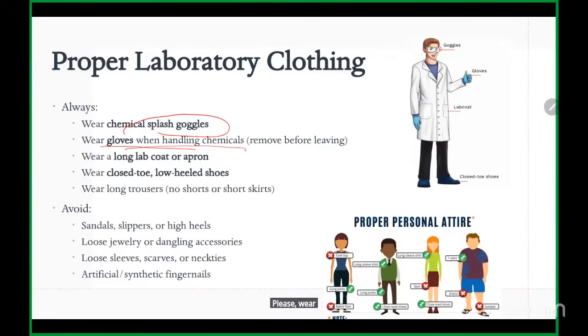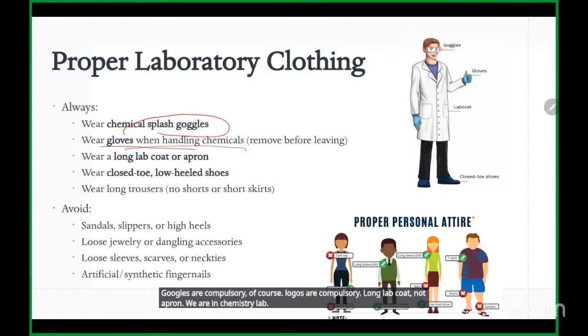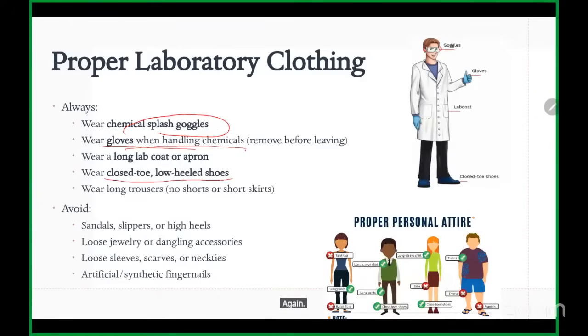Now, somebody asked if the gloves will be provided. Gloves will not be provided for you. Goggles are compulsory, of course. Long lab coats, not apron. We're in a chemistry lab. Again, closed-toe, low-heeled shoes.